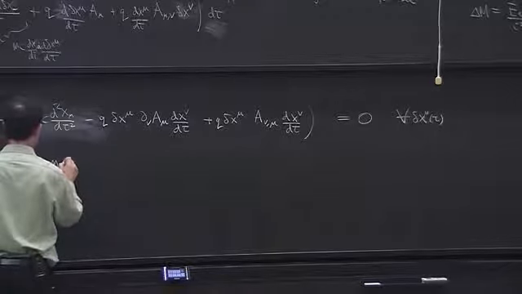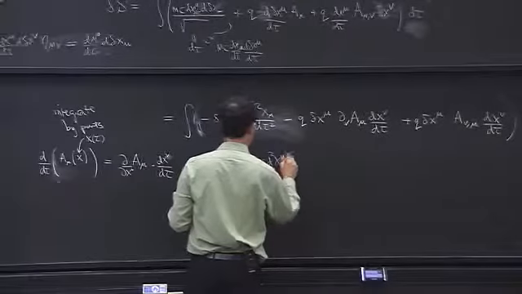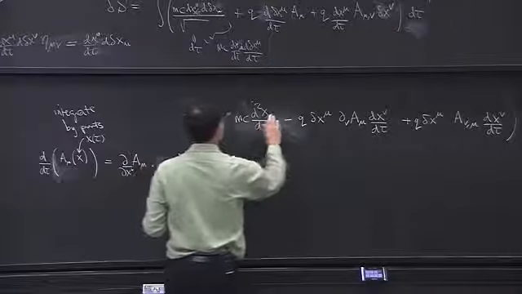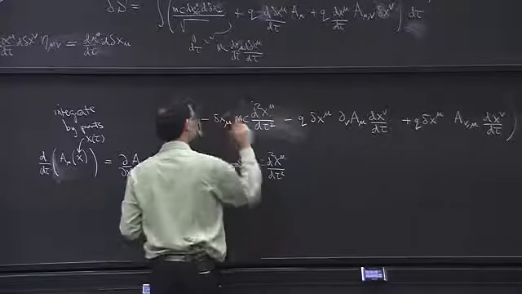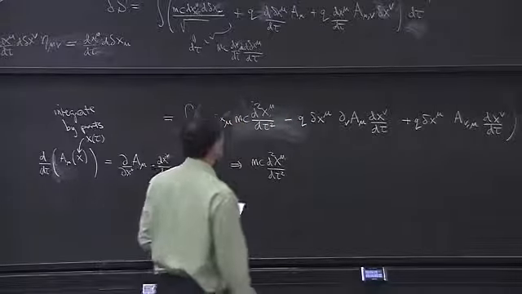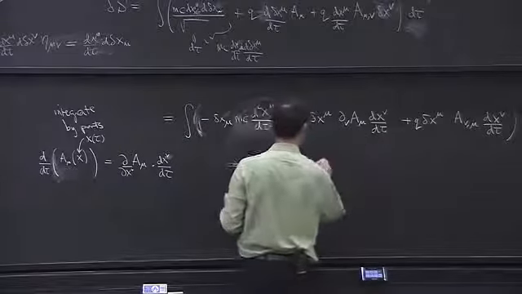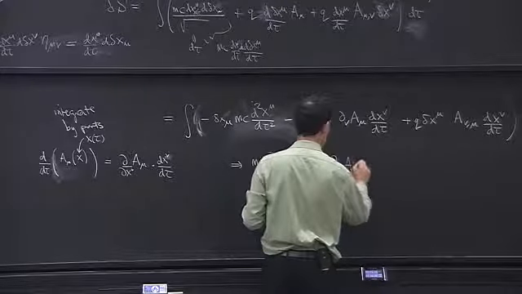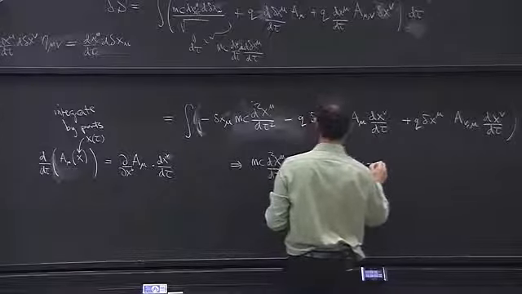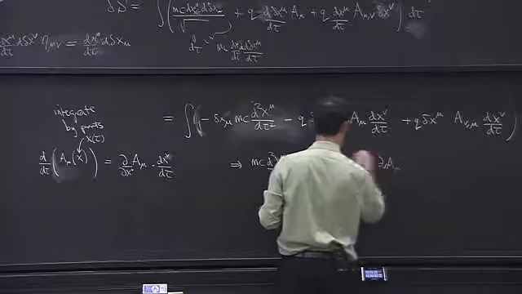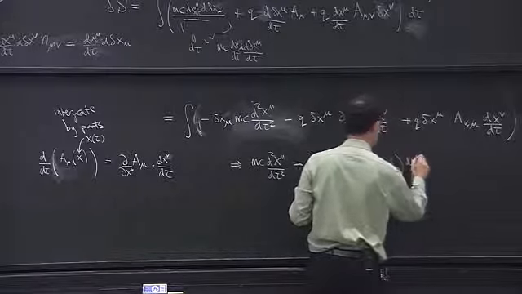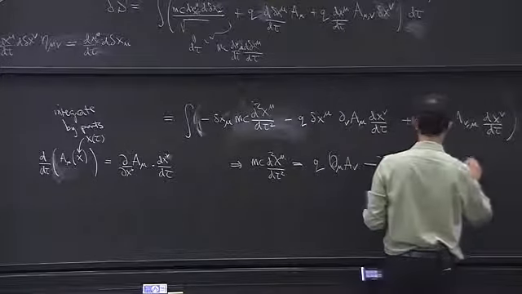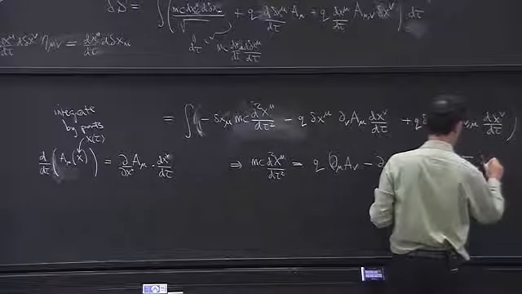So it means that m c d^2 x_mu over d tau squared, I'm going to actually raise this one and lower that one, okay, is equal to q times (d_mu A_nu minus d_nu A_mu) times dx^nu d tau. And of course, that's equal to q F_mu nu dx^nu d tau.